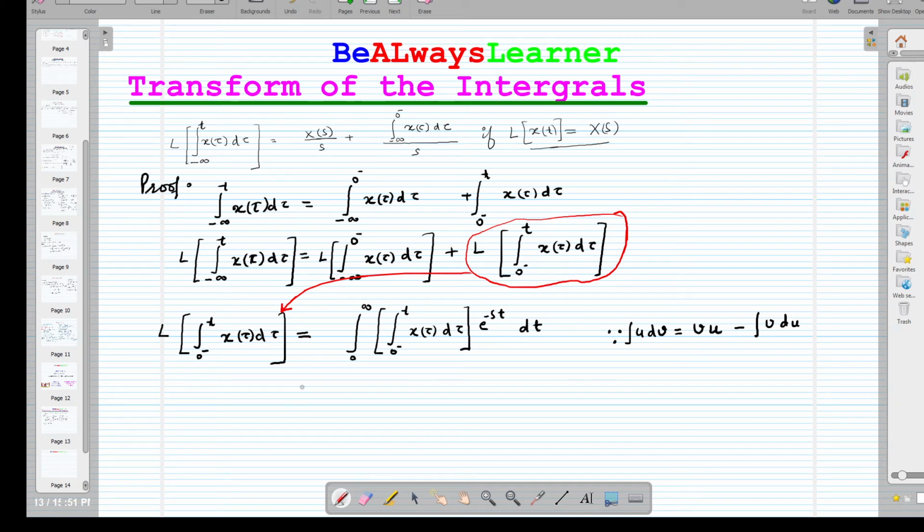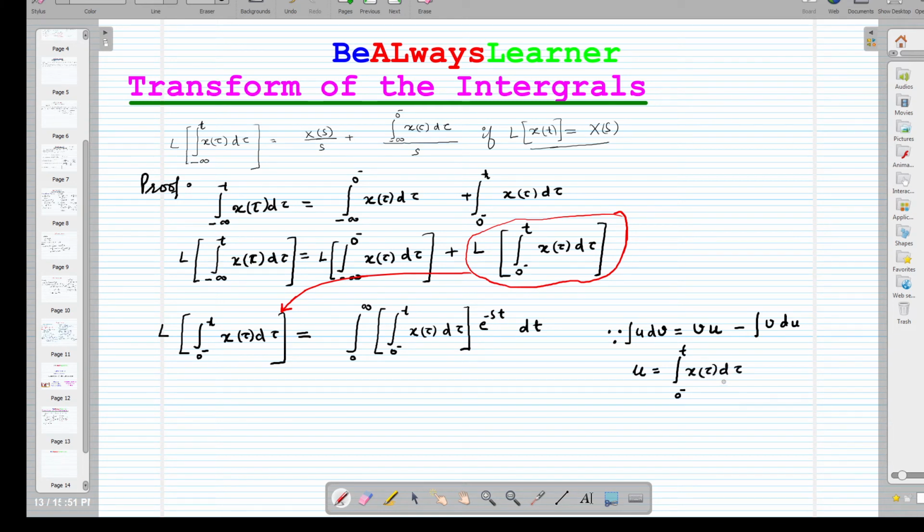Because of that, we have to find out the value of u here, which is the inner component, that is the integration from 0 negative to t of x(tau) d tau.